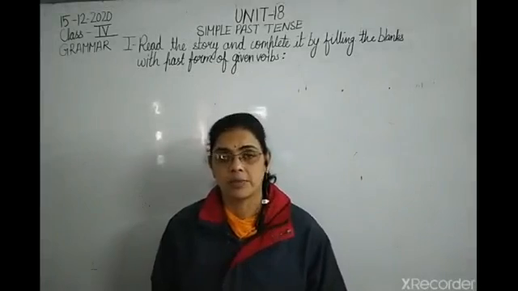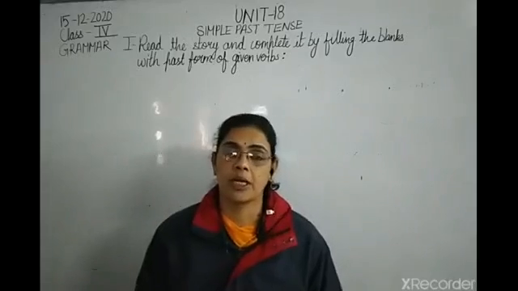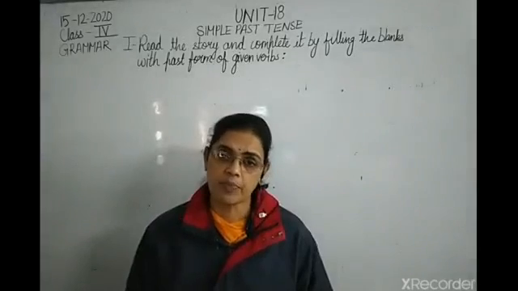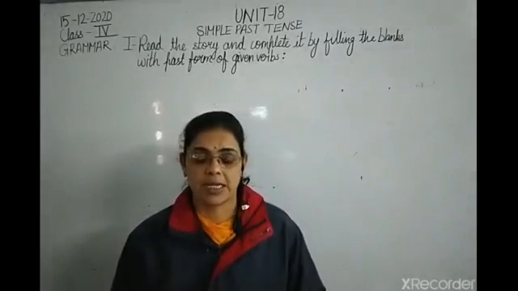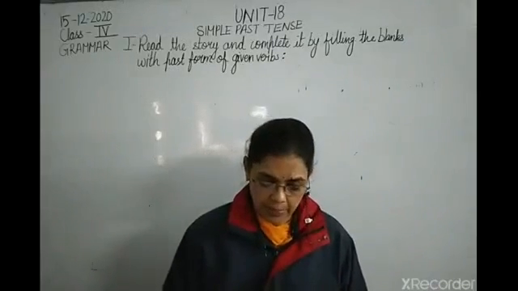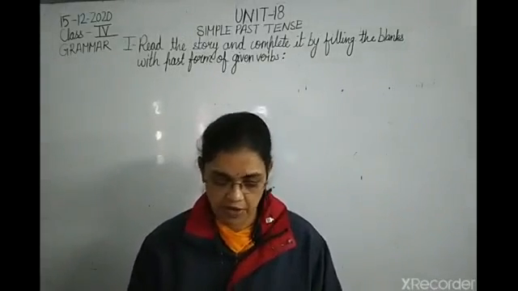Now students, in my last video I had explained all the rules for forming the past form from the root form of the word, and I had started with exercise 1, that is, read the story and complete it by filling the blanks with the past form of the given verbs.